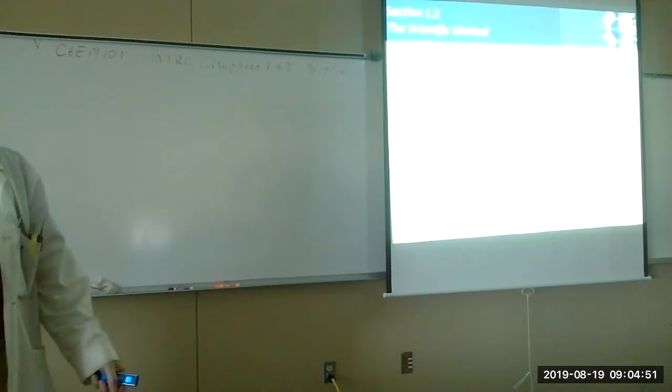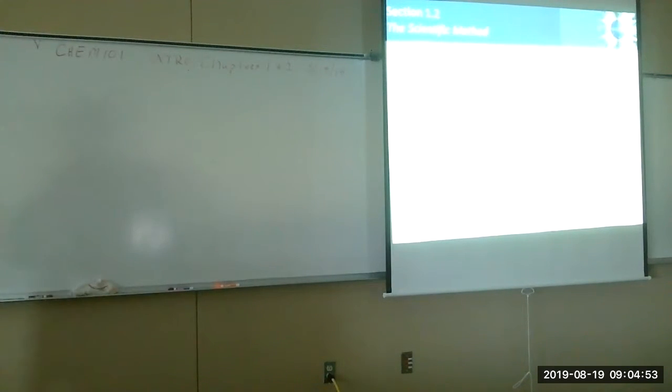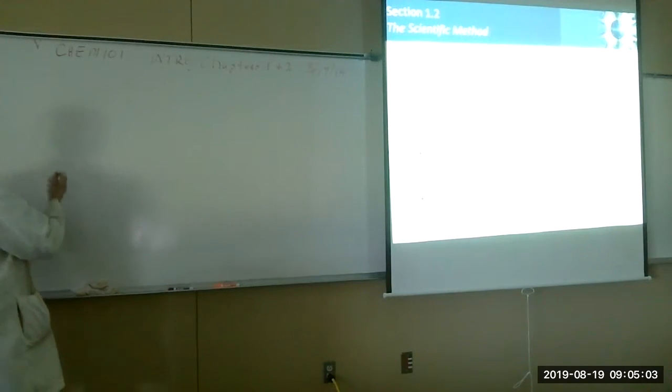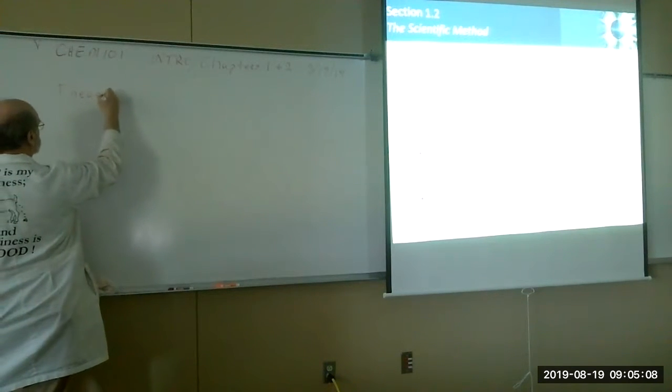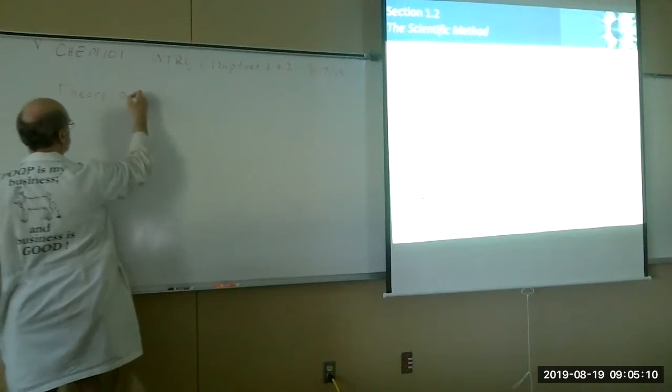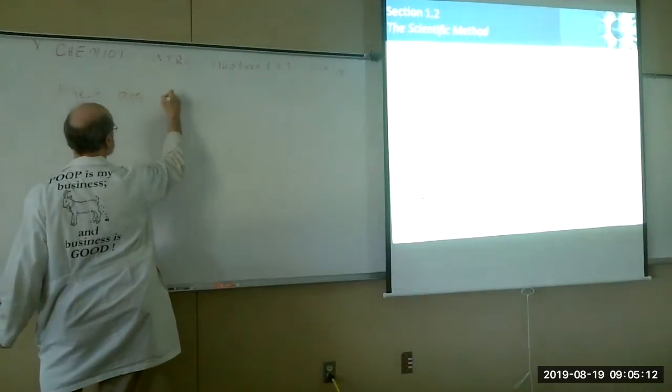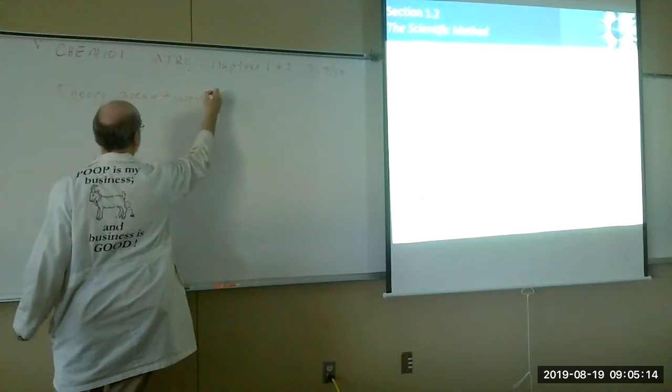There we go. So what happens if your theory doesn't predict the way it's supposed to? You have three options. If your theory doesn't work, what do you do?